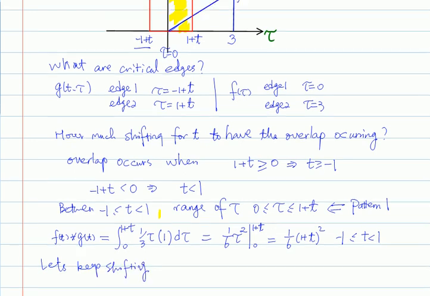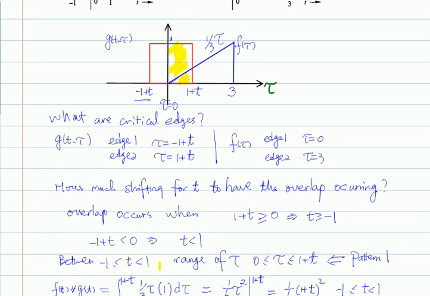So drag this box over to the right side. Now if I drag this box to this location here, what is happening is I am moving my edge, tau equal to -1 plus t. So I'm moving this edge here to here.